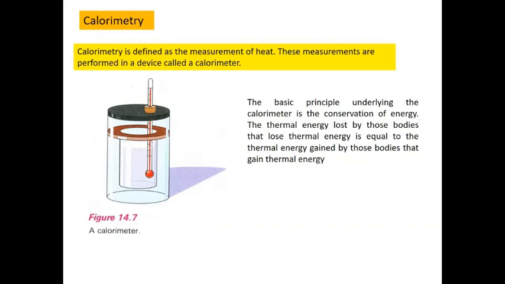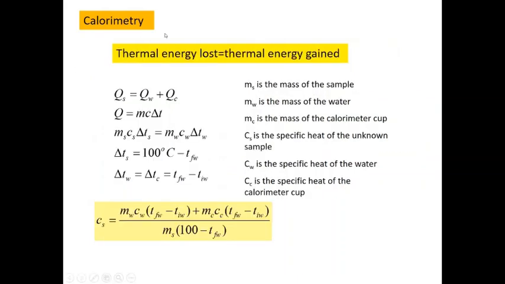The basic principle underlying the calorimeter is the conservation of energy. Thermal energy lost by those bodies that lose thermal energy is equal to the thermal energy gained by those bodies that gain thermal energy. So thermal energy lost is equal to thermal energy gained.